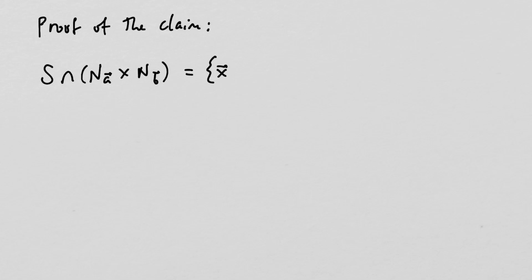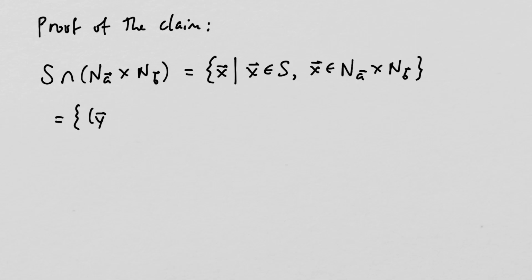It's the set of all points x that are in S and also in this Cartesian product. So we can write that as all concatenations yz, because that's how we broke down x, where first of all, to meet the requirement of being in S at all, the point has to be in W. And what else had to happen?